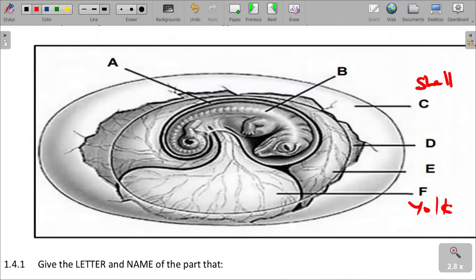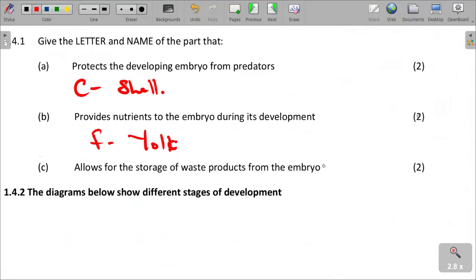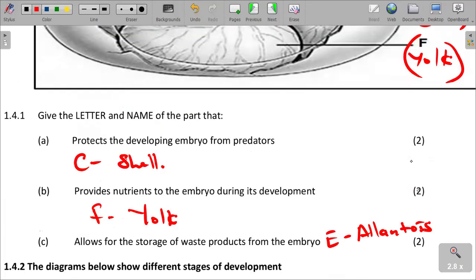You should look for it to say which one it is. The allantois is given as E. E is the one responsible for the storage of waste products from the embryo. That is very important to note there.